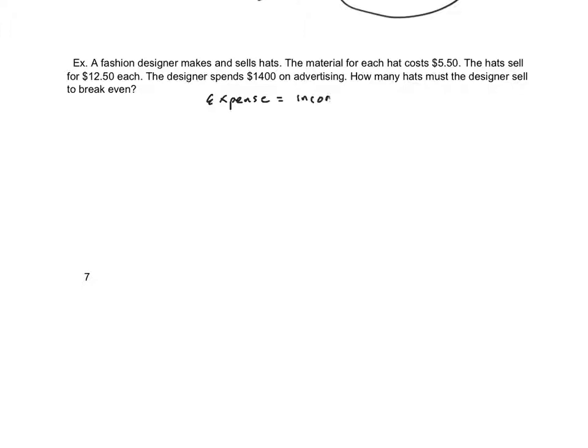In doing so, we recognize some of our expenses. Our expenses should be advertising. We know that we're going to spend $1,400 in advertising. And then to make the hats, the material for each hat costs $5.50 per hat.